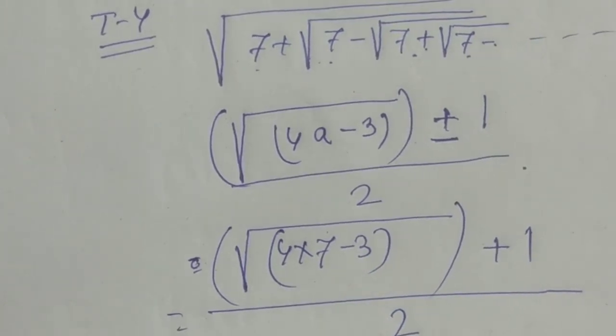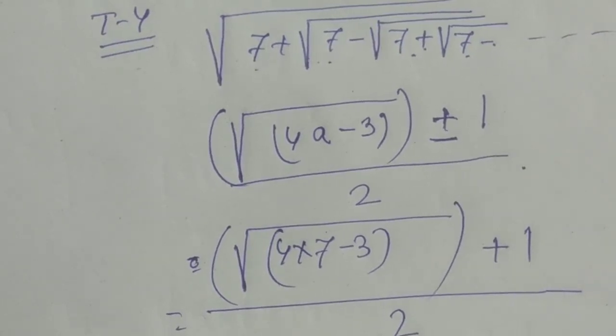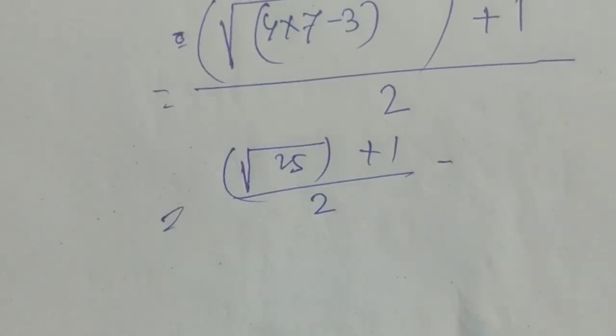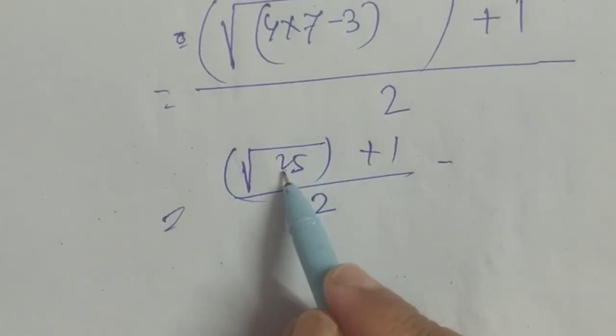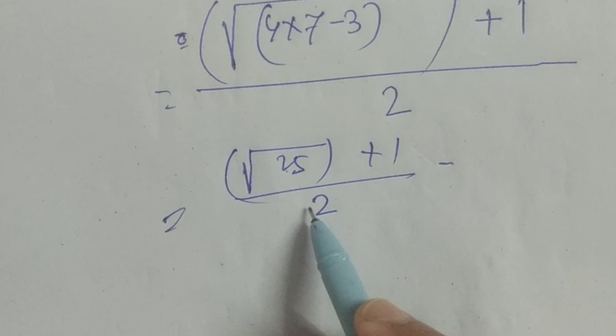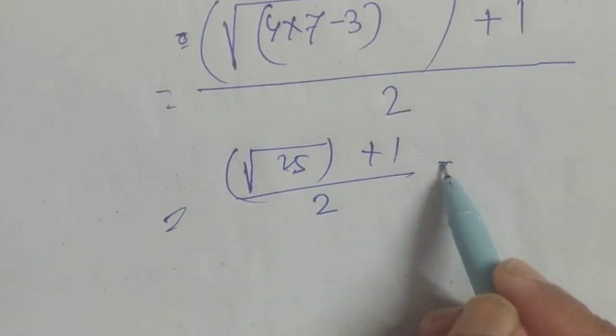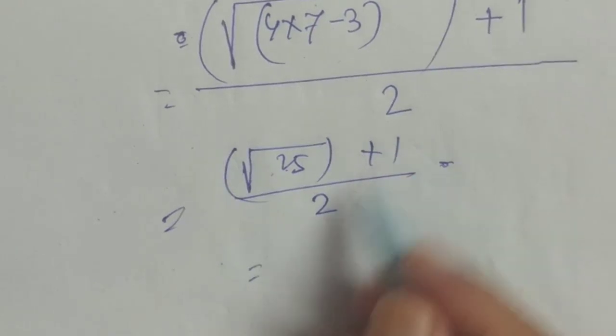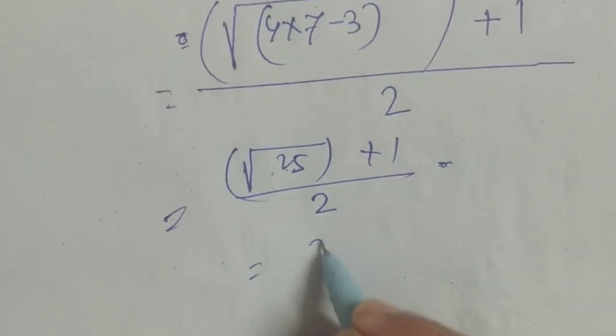So root over 25 plus 1 by 2. This is 5 plus 1, 6, divided by 2. That means 3 is the answer.